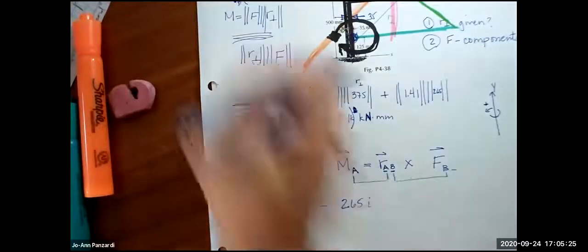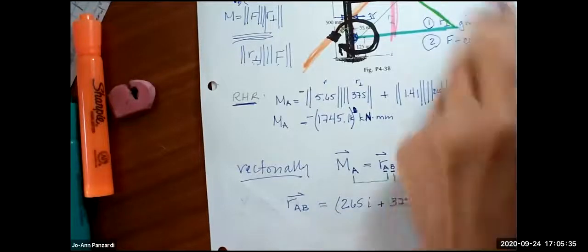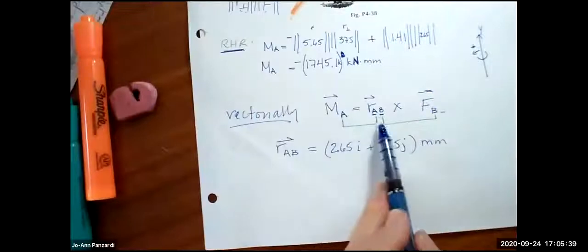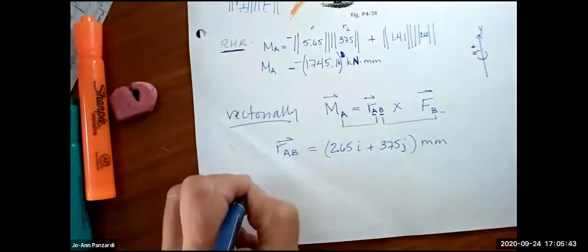Yep, and is it positive or negative? Positive? Yep, be confident. Okay, and we already know what the force is up here, so I'm going to move it up. Moment is equal to R cross F. We have our R vector, we already have our F vector.